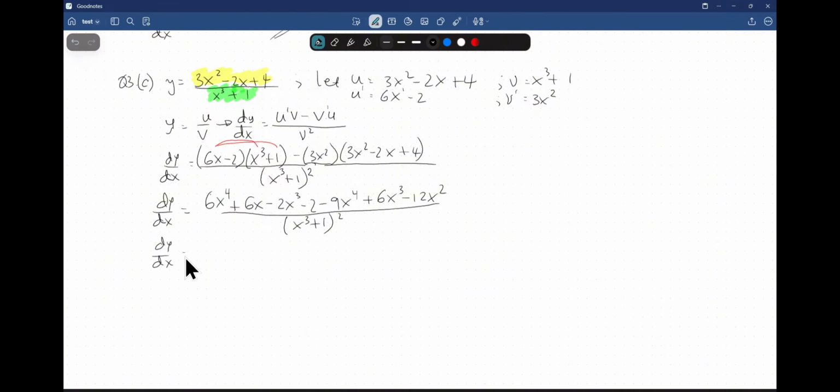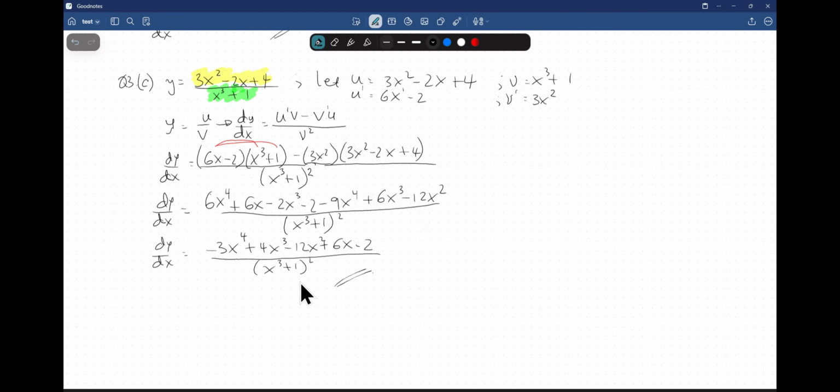So dy dx equals negative 3x to the power of 4, and for x to the power of 3 we have 6 and minus 2, which becomes 4x cubed, and then for x squared we have negative 12 only, and for x we have only 6x, and for the constant it is simply negative 2, all over x cubed plus 1.